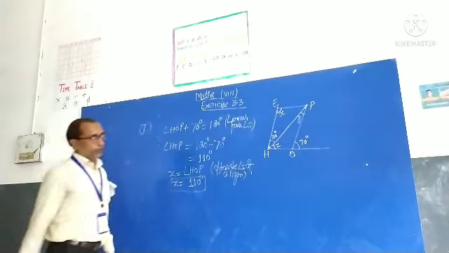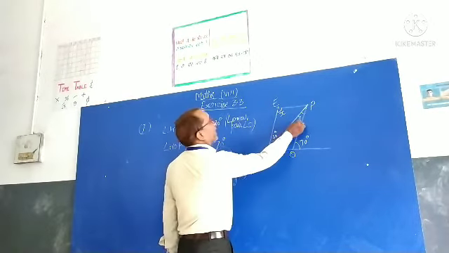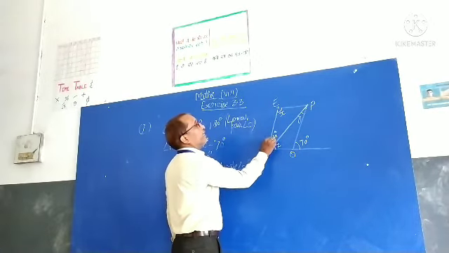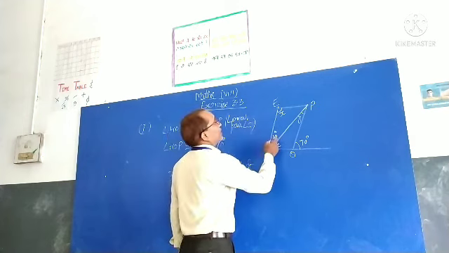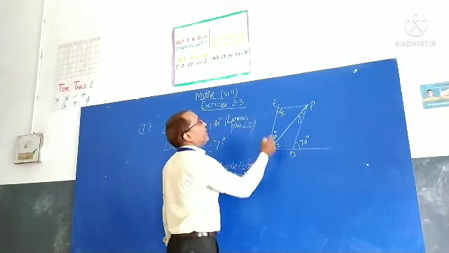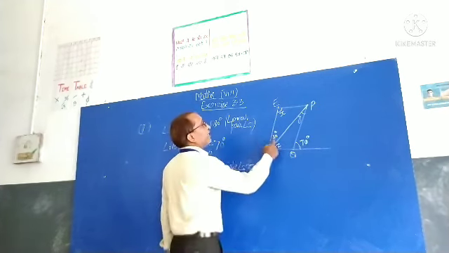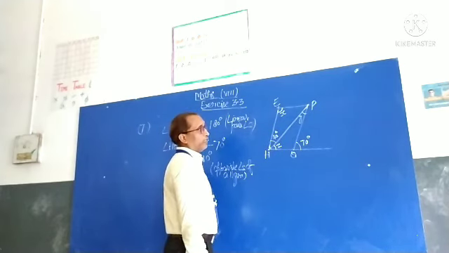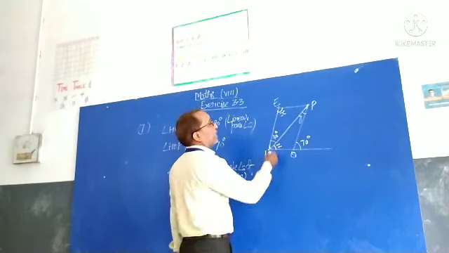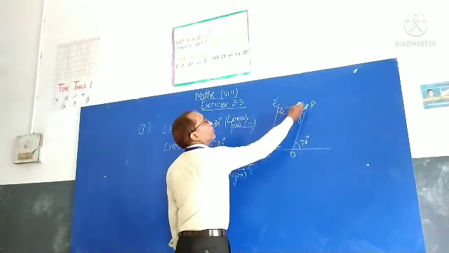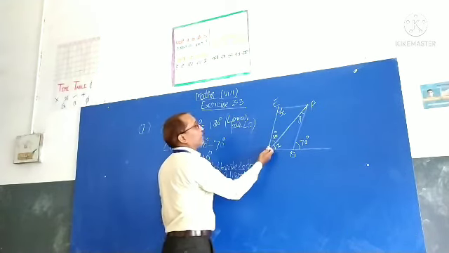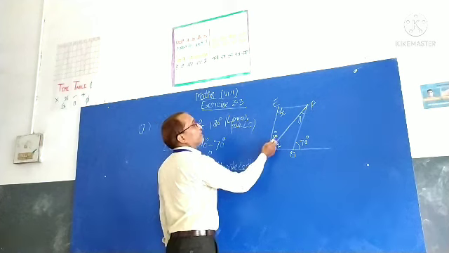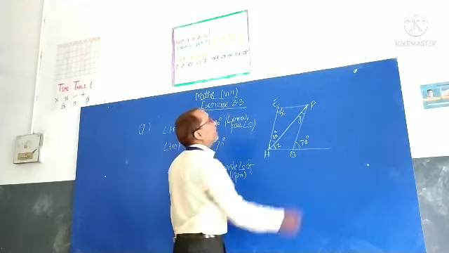Then you find y. Here is y and here is 40 degrees. This means this is alternate interior angle, because these are two parallel lines and this is transversal. Therefore, this is alternate interior angle.